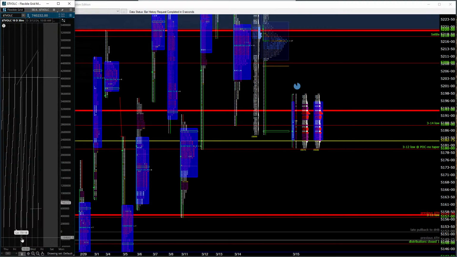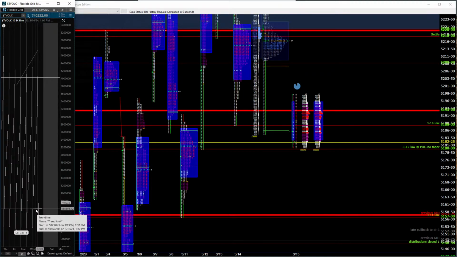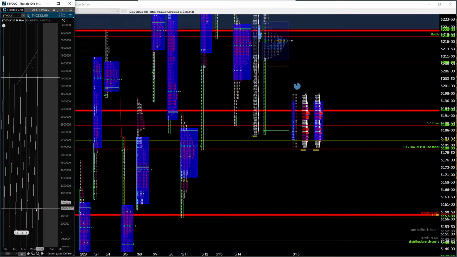Notice the volume. If this were any day but today, the last day of the March contract, this would be different. This is extraordinarily high volume.